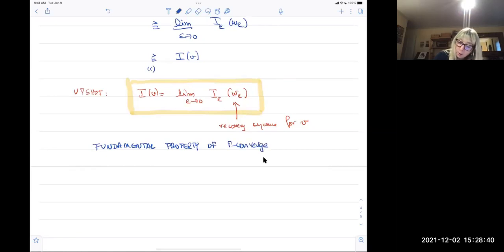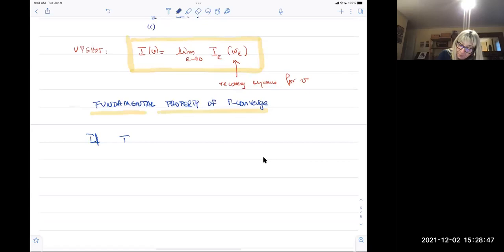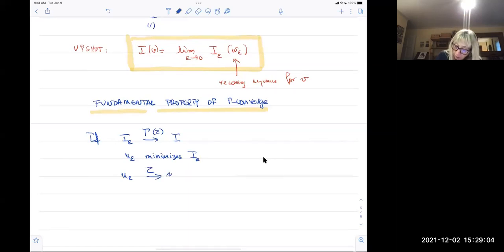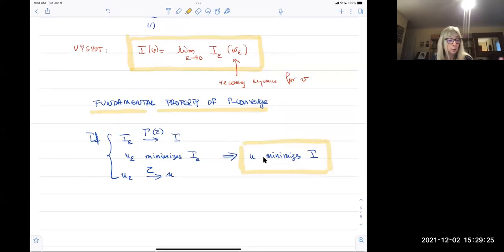Remember that I said there's something that you always have for free, namely, if I epsilon gamma converges with respect to tau to some I, and if U epsilon minimizes I epsilon, and if U epsilon converges with respect to tau to some U, so if you have these three, then U will minimize I. So limits of minimizers are minimizers of the limit.